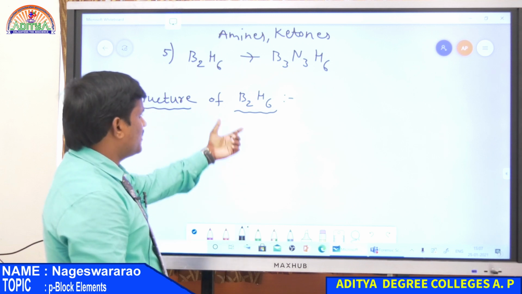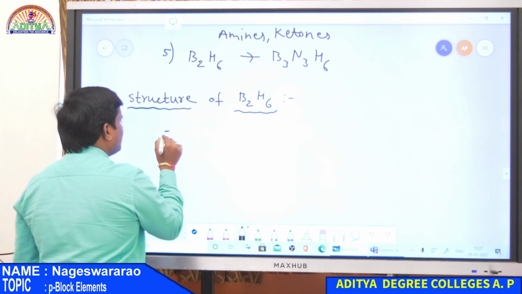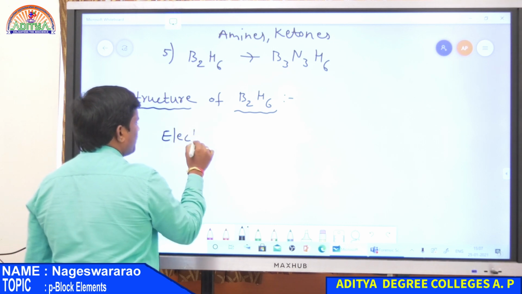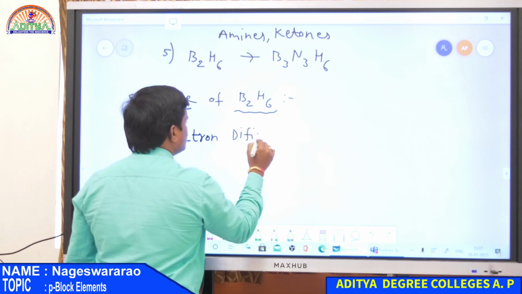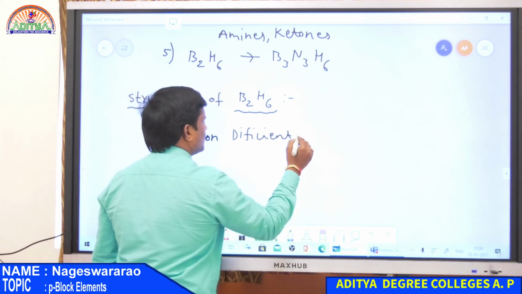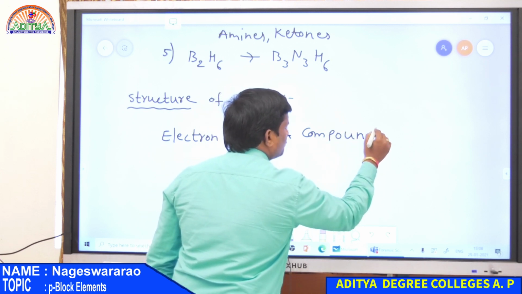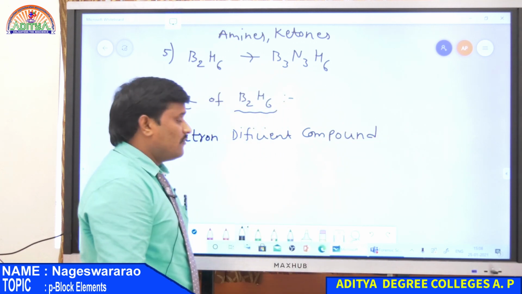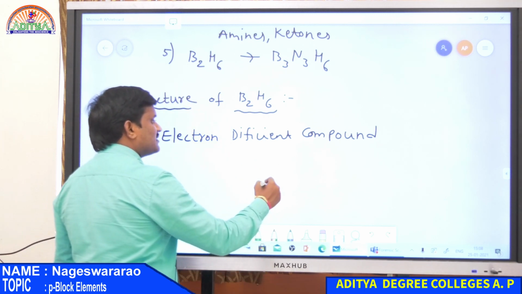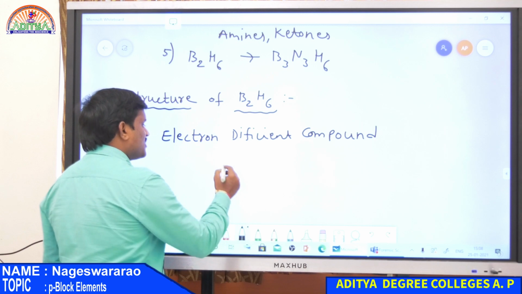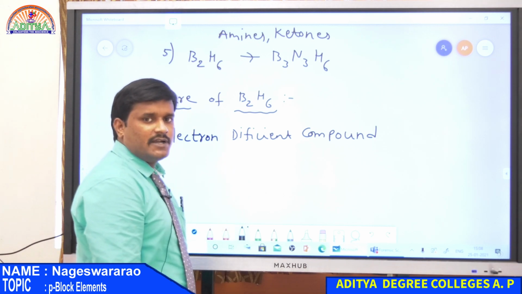This is very important because diborane is an electron deficient compound. So what is the meaning of an electron deficient compound? Whenever a compound has a smaller number of electrons than required for the formation of the covalent bonds present in the molecule, that is an electron deficient compound.